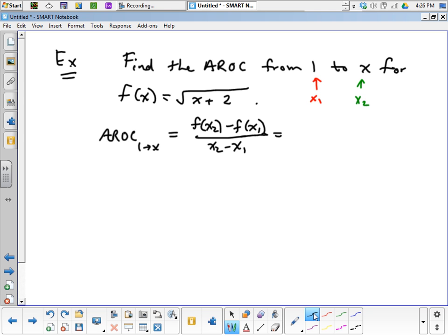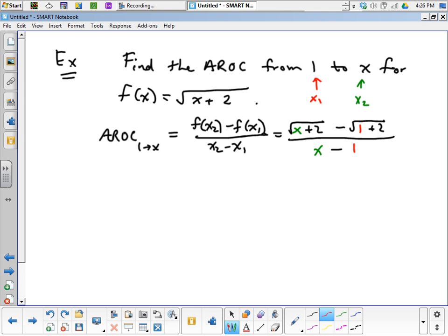We're going to do square root of x2 first, so that is just x plus 2, minus f of x1, which is going to be the square root of 1 plus 2. And all of this is over x2 minus x1, which is x minus 1.